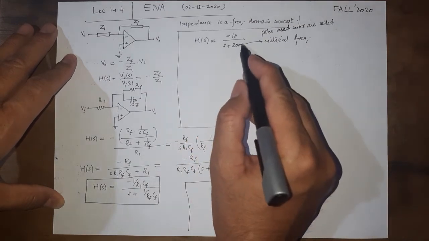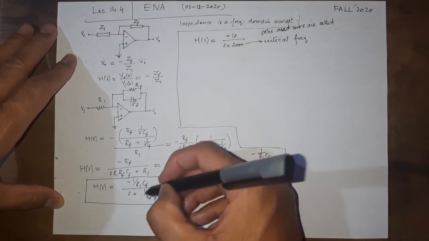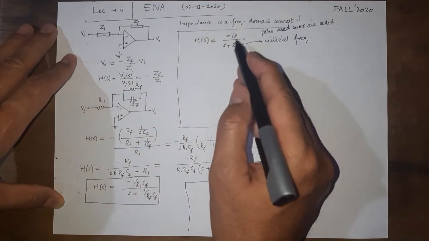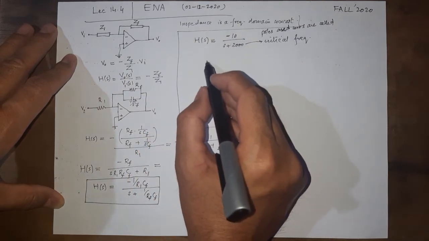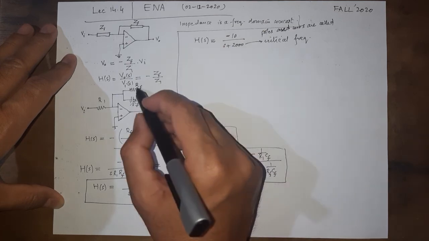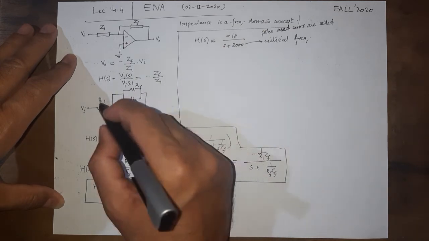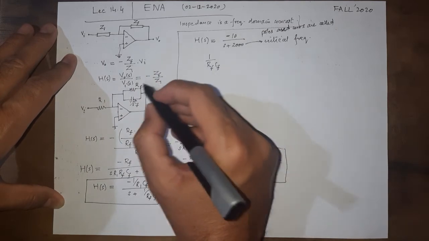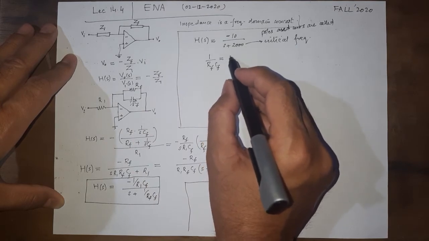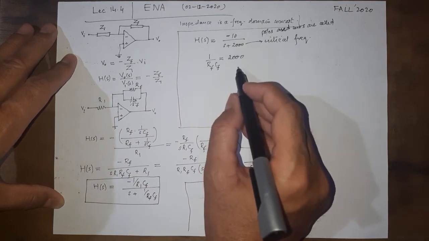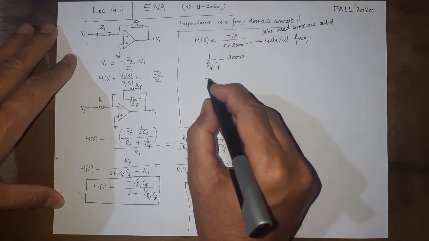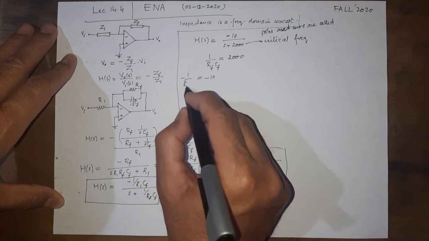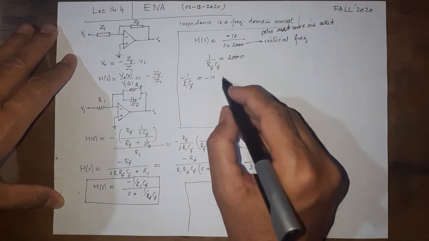So if we just compare, we begin with the critical frequency, then we know that this circuit can be used to get a transfer function of this form if the values of these three components are such that 1 over RF CF, both in the feedback path, is equal to 2000, one equation, and minus 10 is equal to minus 1 over R1 CF, the other equation.